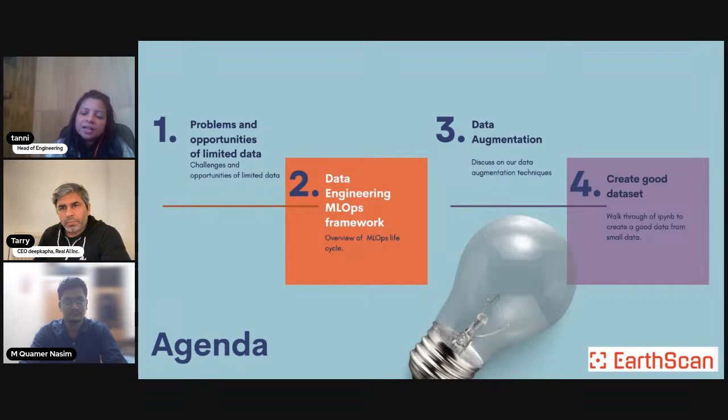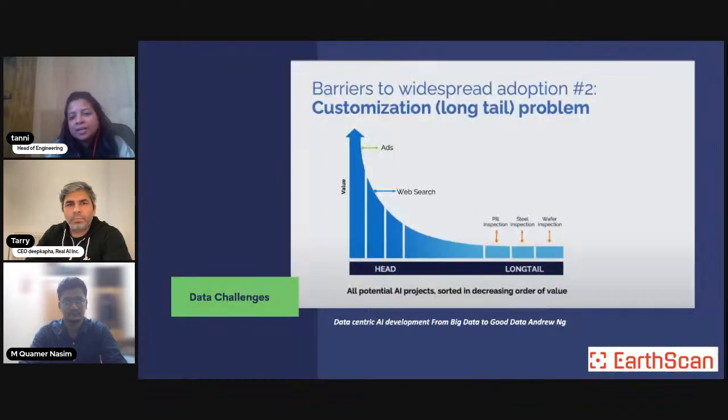So as always, I like to begin with why this is important, the business side of the problems. This is taken from a lecture that Andrew Ng gave, I think, at a Data IQ meet sometime last year. I really like this image because if you categorize all the AI projects according to value, you have a head and then a long tail of projects.